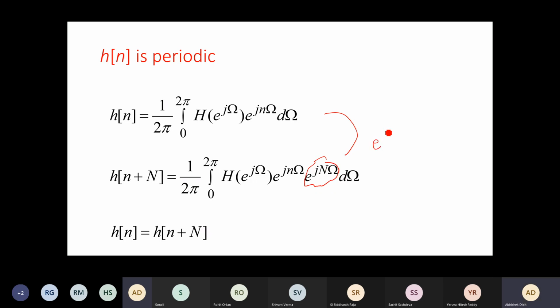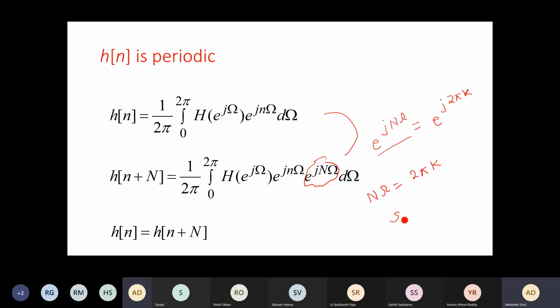So from here we can say e to the power j N omega should be e to the power j 2 pi k, where k is some integer, so that this turns out to be 1. That would be the case when h[n] is same as h[n plus capital N]. That means capital N omega is same as 2 pi k.